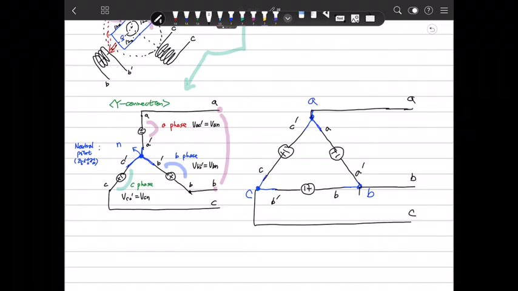Then the voltage source makes the voltage difference between the line A and B. So we call this connection a delta connection, or we can represent it as a delta connection.